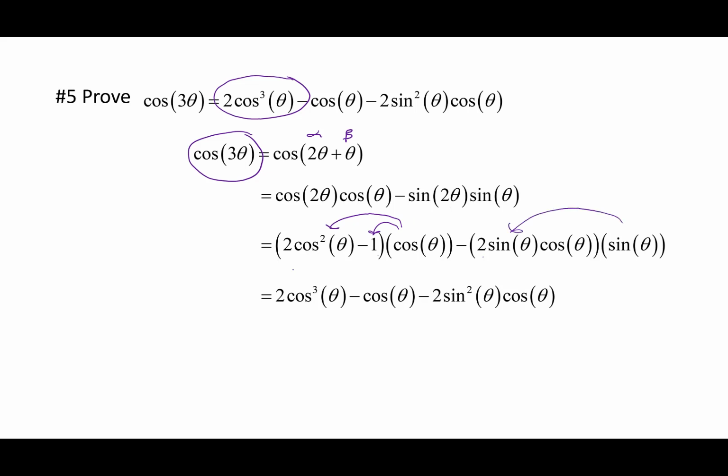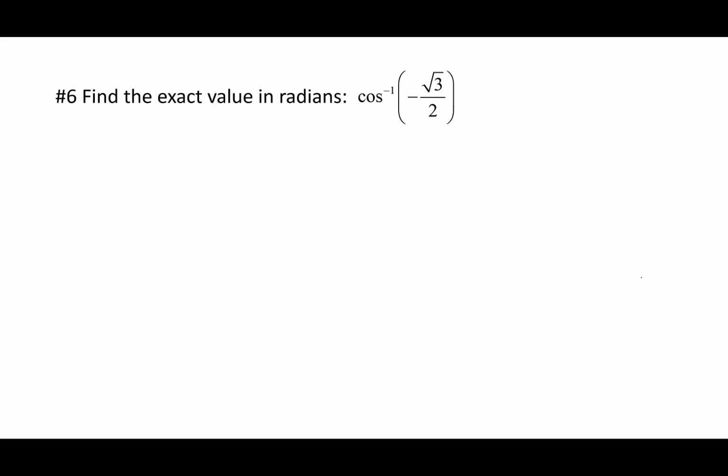So we have 2 cosine cubed theta minus cosine theta minus 2 sine squared theta cosine theta. And are we there yet? Oh, we are. We're done. So we got it. This is actually the right-hand side. We started with the left-hand side of the equation and ended up with the right-hand side. And we're done.